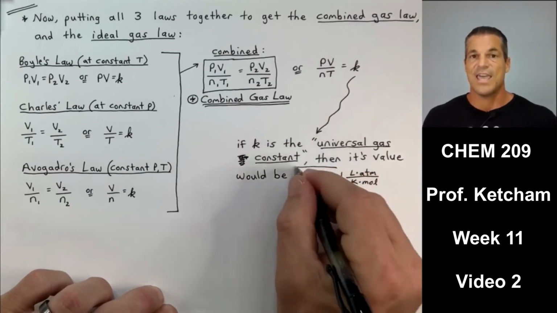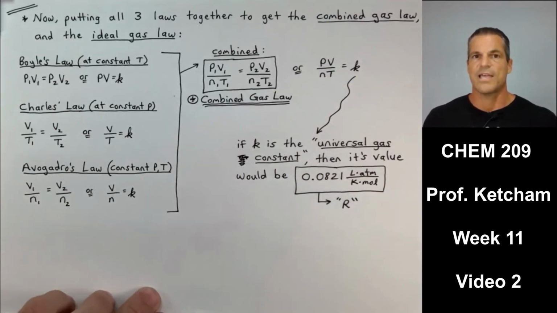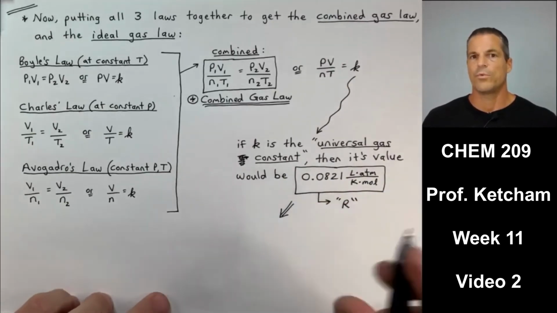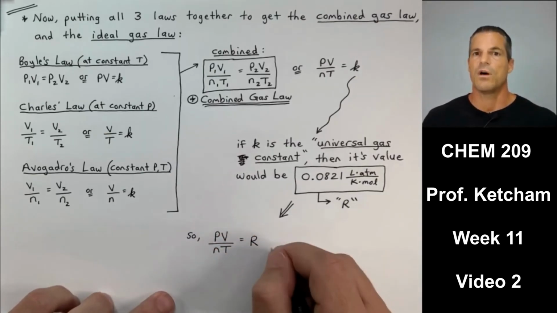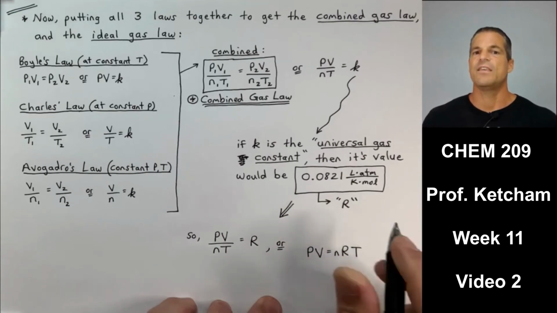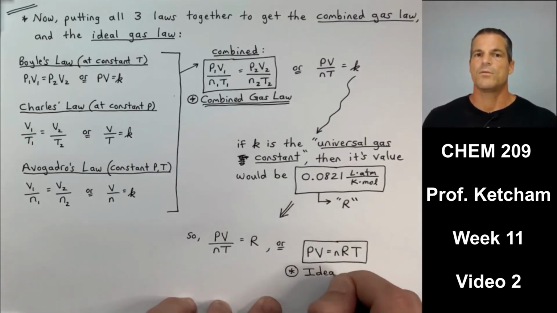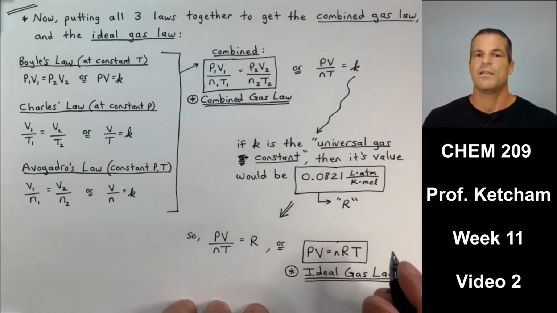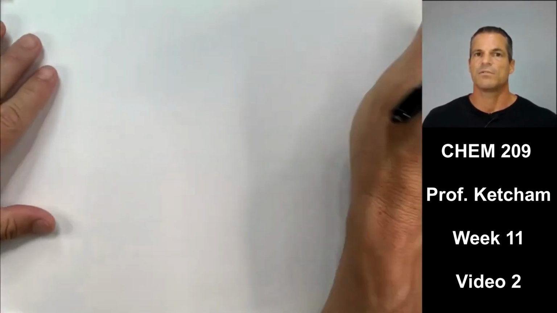So if I set K equal to the universal gas constant represented by a capital R, PV over NT no longer equals little k, but it equals R. Cross multiply, set them equal. I get PV equals nRT. So in this page of notes, we've derived our combined gas law, and we've also achieved the ideal gas law, PV equals nRT.